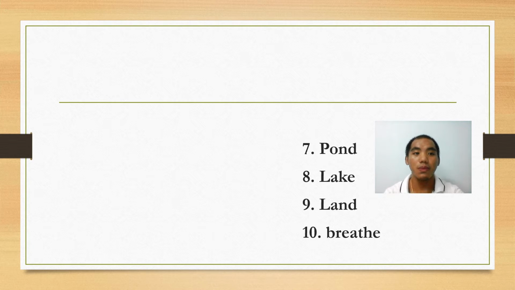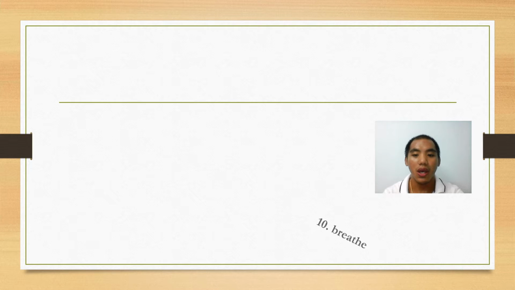Number 7, pond. Number 8, lake. Number 9, land. And number 10, breathe. Okay, so those are the 10 vocabularies that we need to learn before starting our new lesson in science.